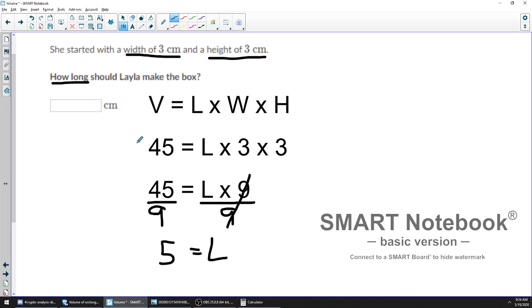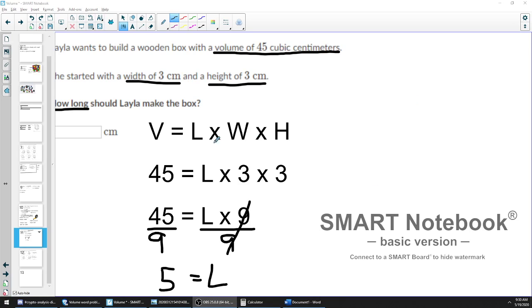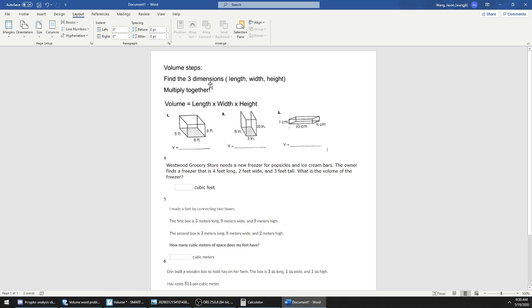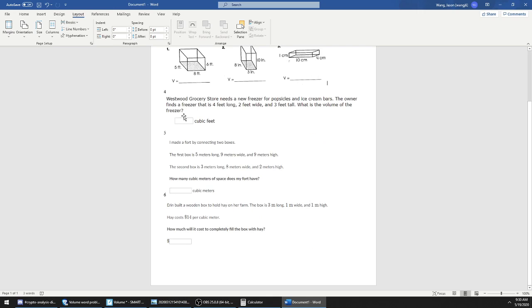Okay? So we might see some problems like this, where we have the volume and we're solving for something else. And that's what we're going to be working on today. We have our 3 visual problems, and I want you to solve for 3 word problems.